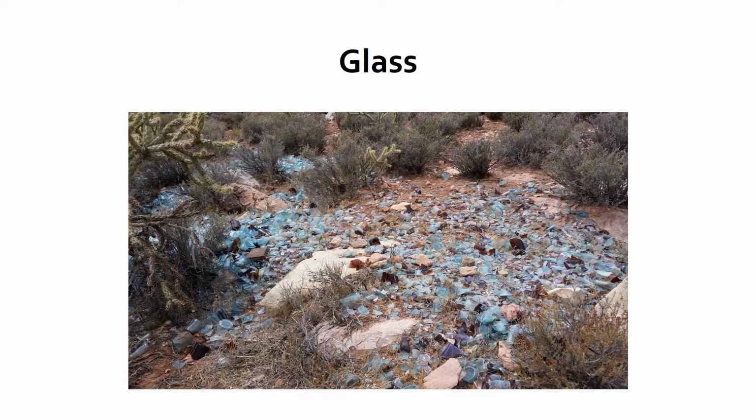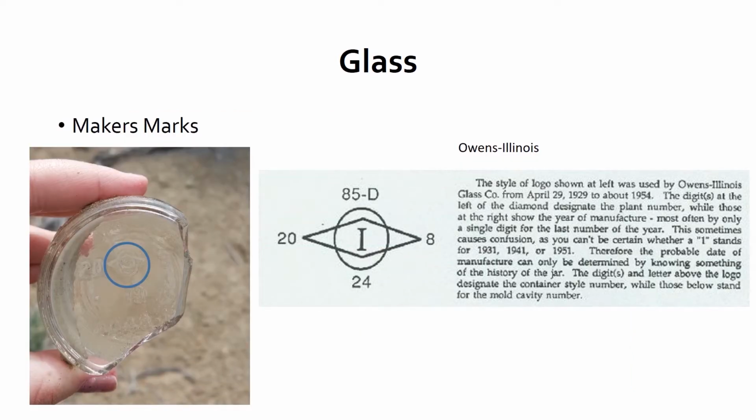Glass is also looked at to give us dates and times for when people were occupying an area. Usually you don't find this much glass in one place, but even though there aren't full bottles here, we can still find clues and date ranges. One of the main things we look at are maker's marks on glass.